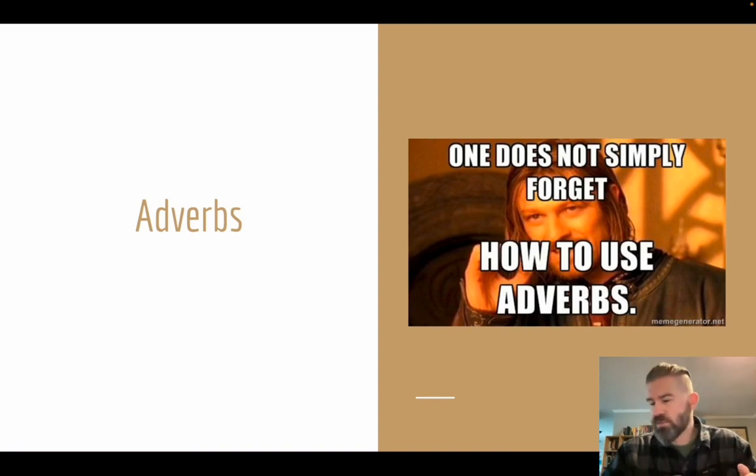So let's talk about adverbs for a second. We're not going to talk about adjectives in this one, but we'll talk about adverbs. The reason is that I think a lot of people overuse adverbs in their writing, and it has a couple of downsides. One is that it makes sentences much longer, and the other is that they're often unnecessary.